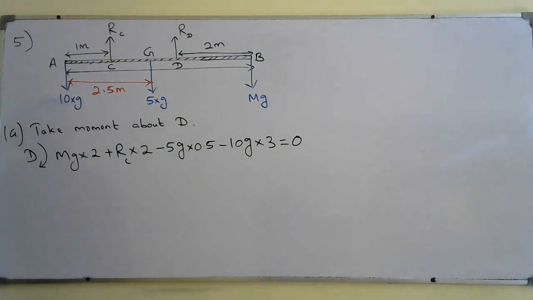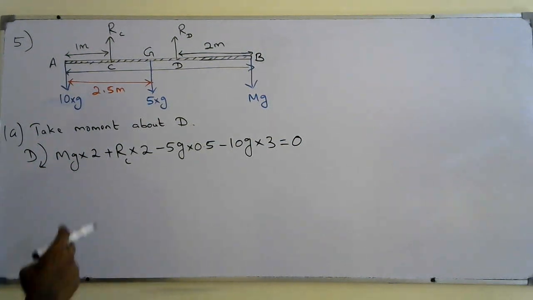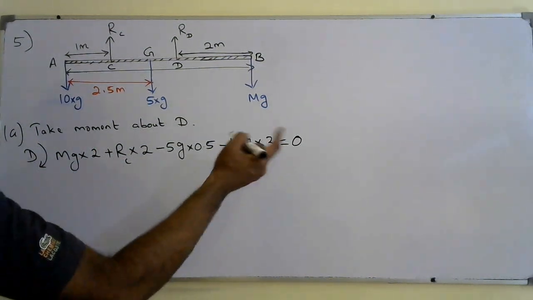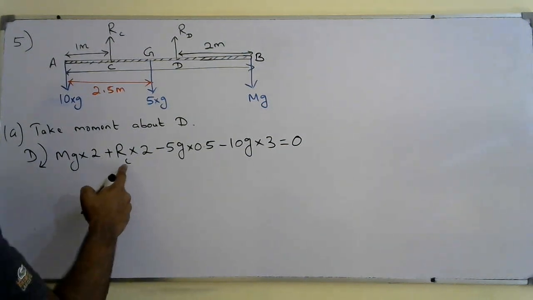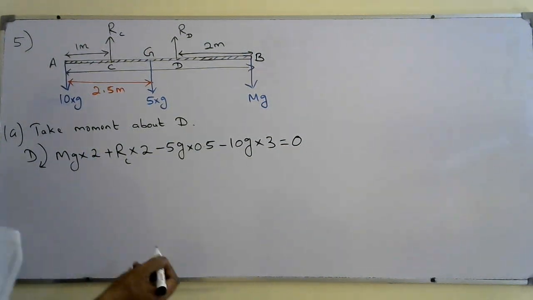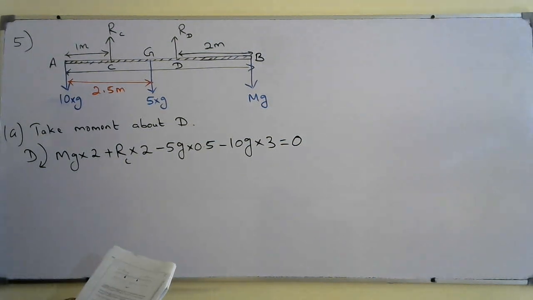Okay, so solve it now. G will get cancelled. Anyway, they asked to find the reaction, so we have to give the final answer in terms of G and m.